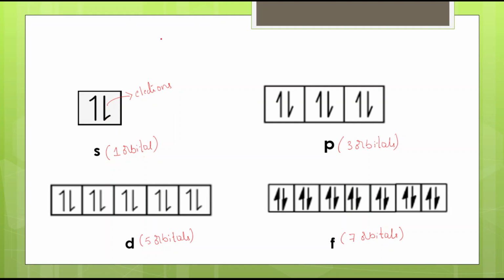An electron is just like the earth in the solar system. If this is the sun, earth will be revolving around the sun, and it is rotating on its own axis also.